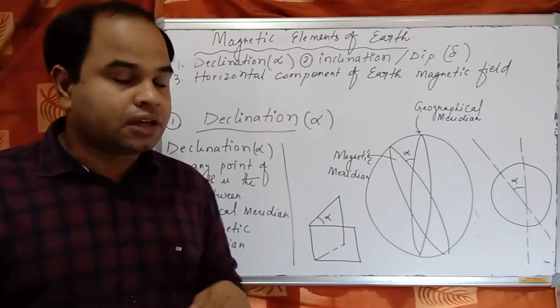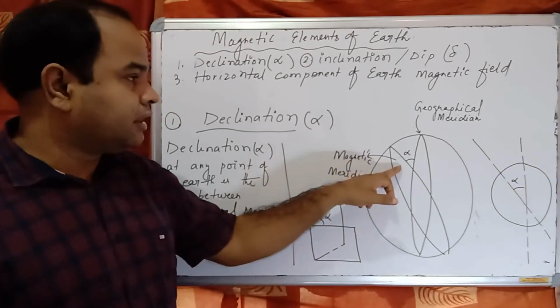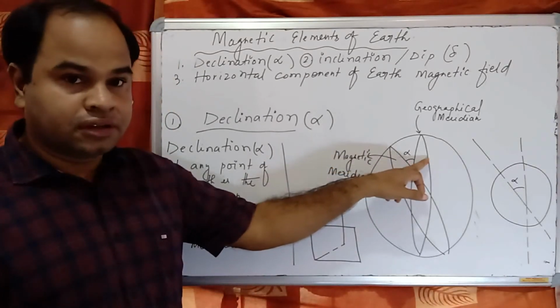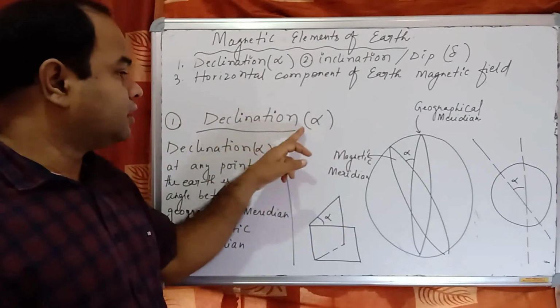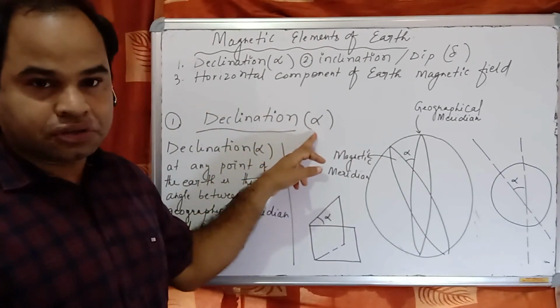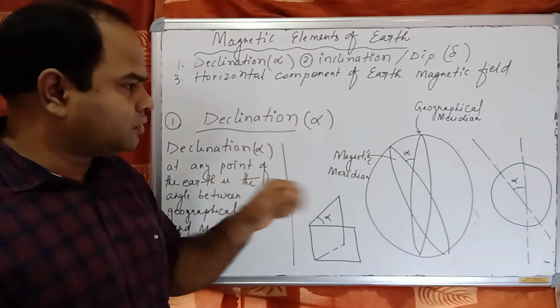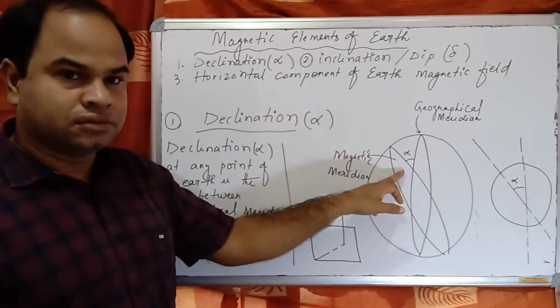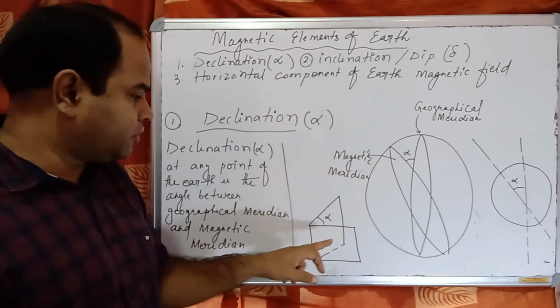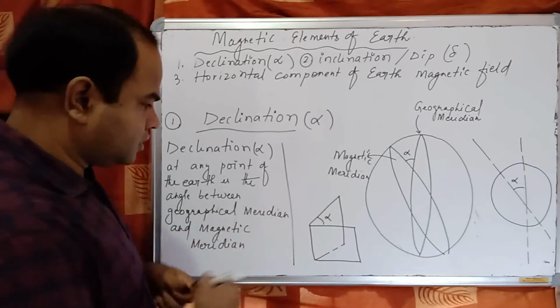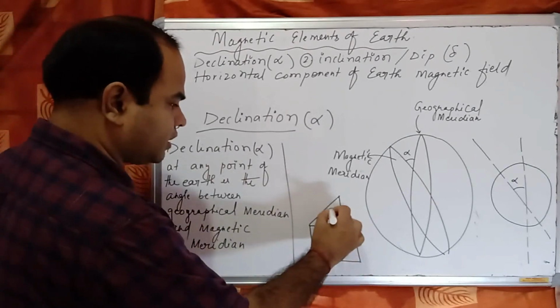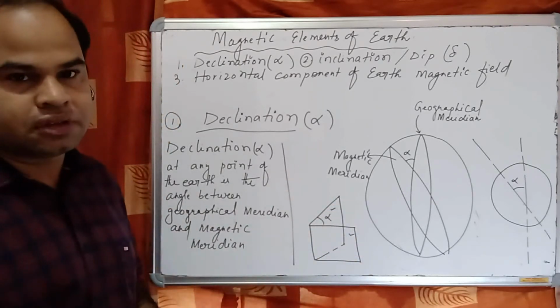So these are the two planes. This is the first plane and this is the second plane. The angle between them is alpha.